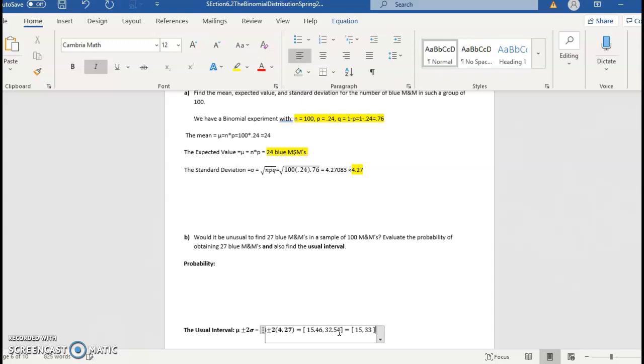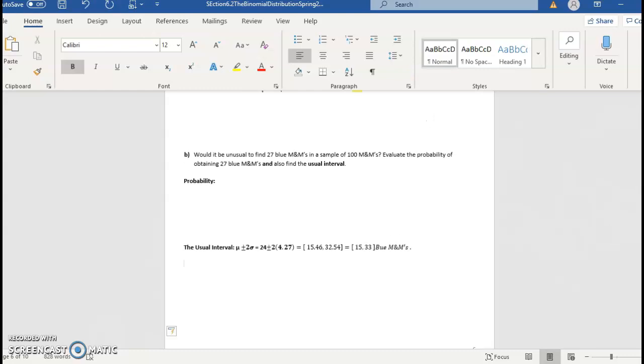In this case, blue M&Ms. Now, if you were to evaluate the interval, and your interval is between 15 and 33, in this case 27 is not unusual.